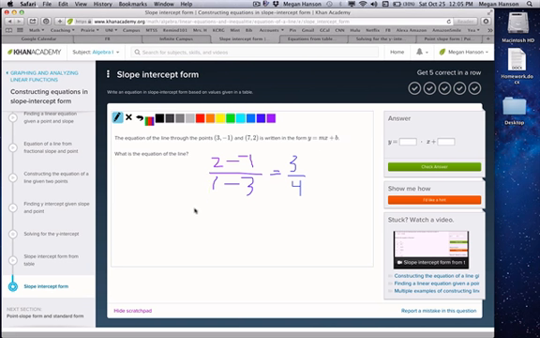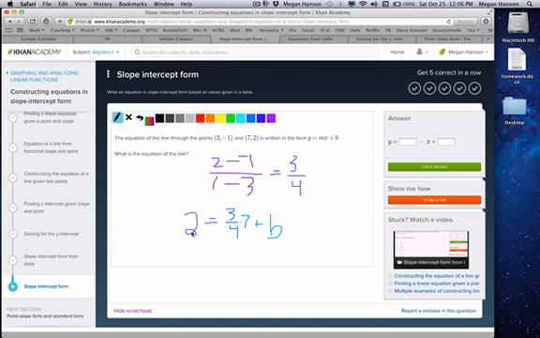Well, I'm going to plug in an x and a y. So 2 is going to equal 3/4 of 7 plus b. So 3 times 7 is 21 divided by 4. That's going to be 21/4. So then we'll subtract 21/4 from 2.